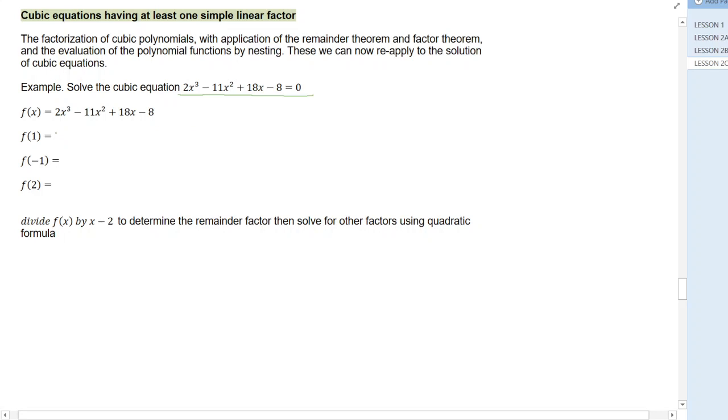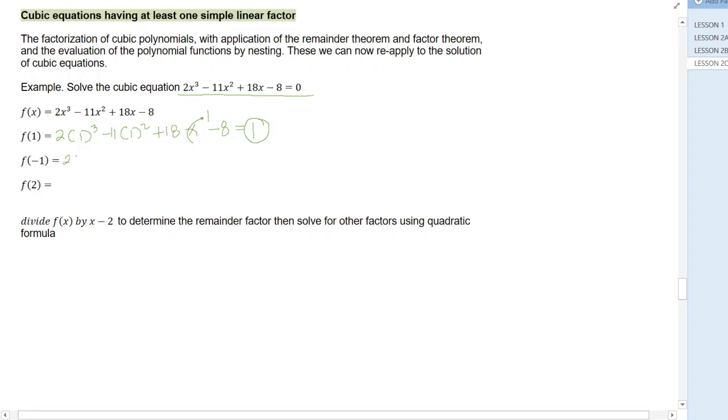Okay, so for this one, this is a trial and error: 2 multiplied by 1 cubed minus 11 times 1 squared plus 18 times 1 minus 8. If we compute that, that is 2 minus 11 plus 18 minus 8, that is 1. Okay, so this is not equal to 0. So 1 is not a root of your cubic equation.